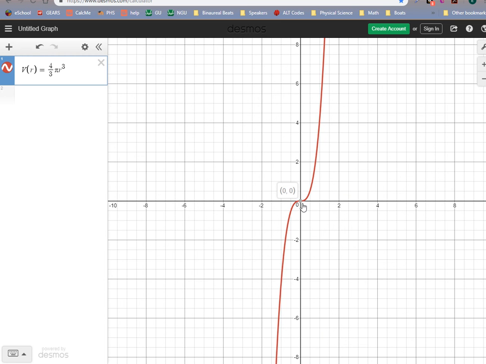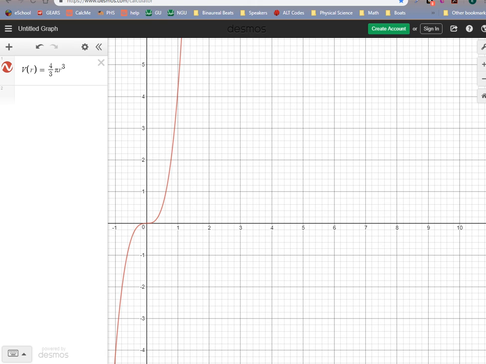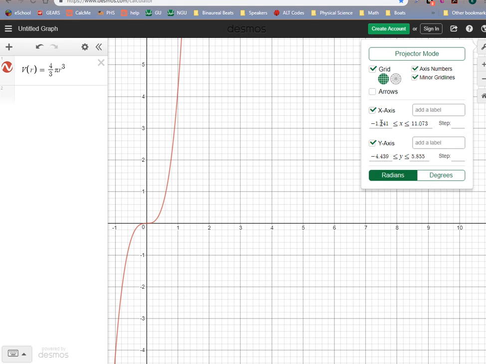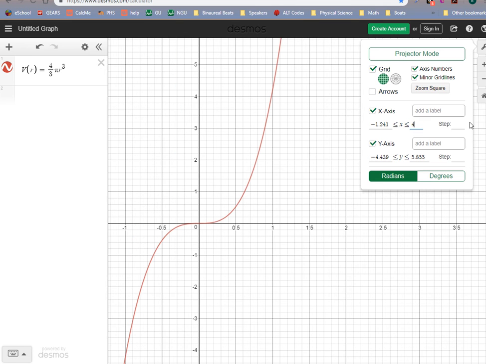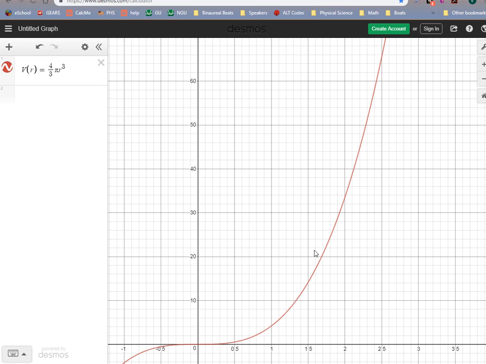Okay, so here's our function for volume. Something like that, okay?